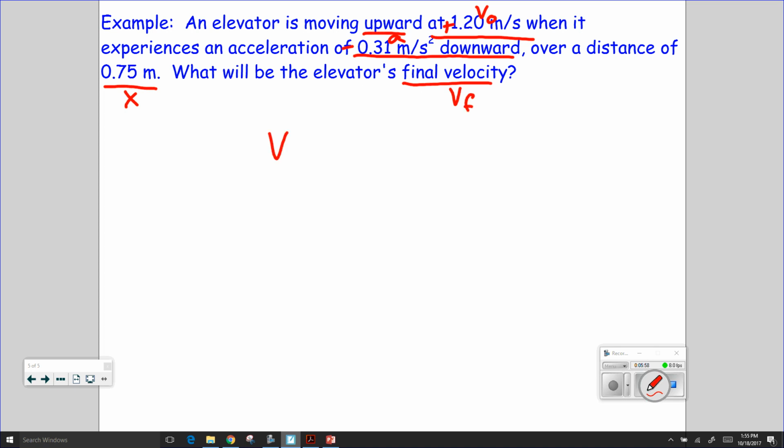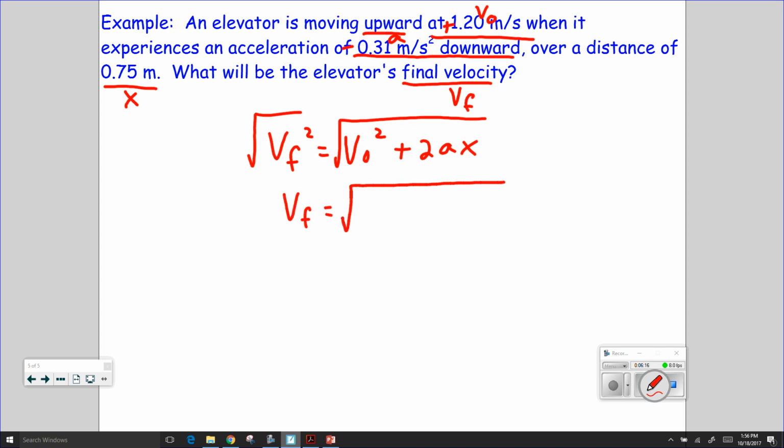So I'm going to have vf squared equals v naught squared plus 2ax. The only rearrangement I'm going to do is square root both sides, so I have just vf, not vf squared. So vf equals the square root of v naught squared plus 2ax.